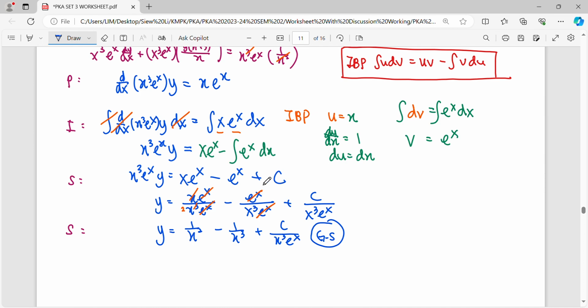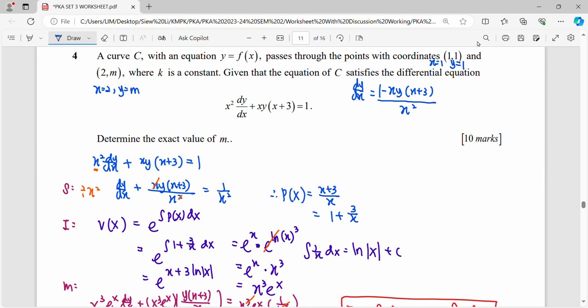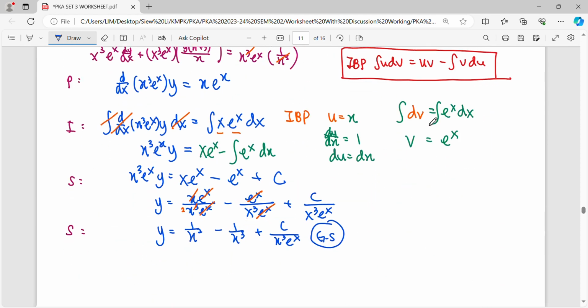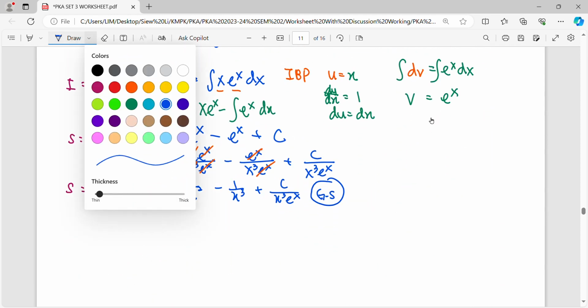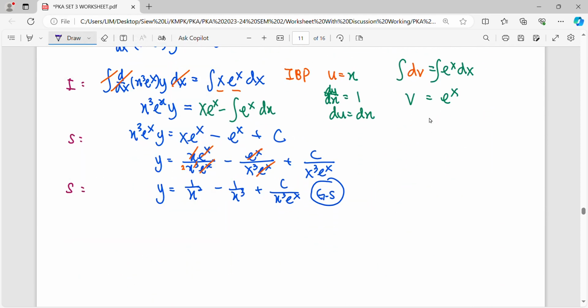Alright, so to find the particular solution, using the coordinate given here, when x equals 1, y equals 1, find out the constant c. One minus one is 0. Then c equals 1 times e, so c is e to the power of 1.